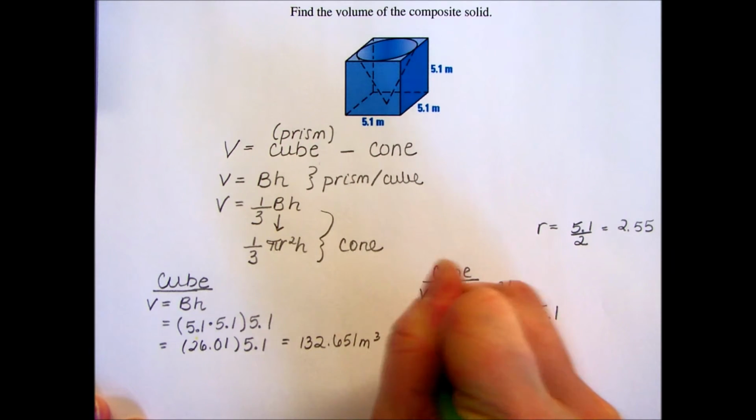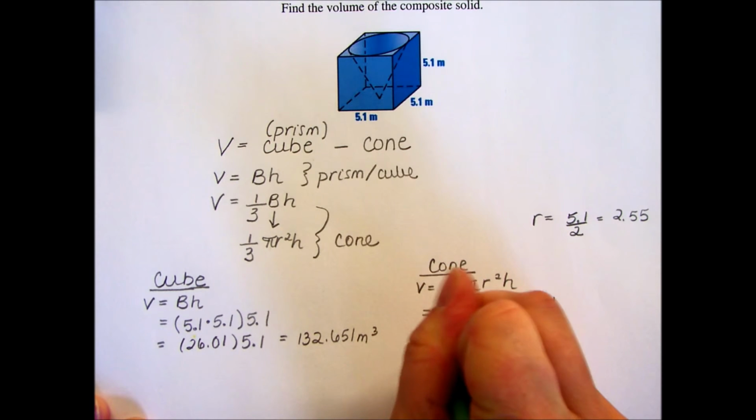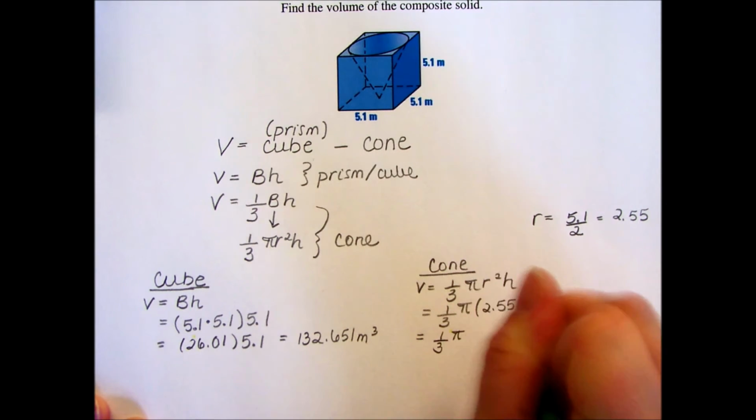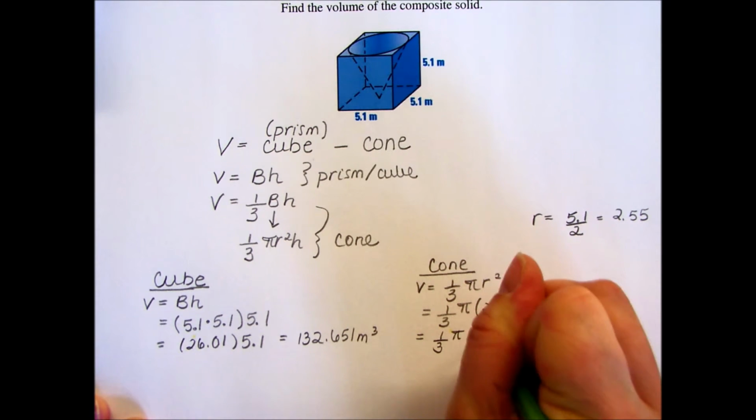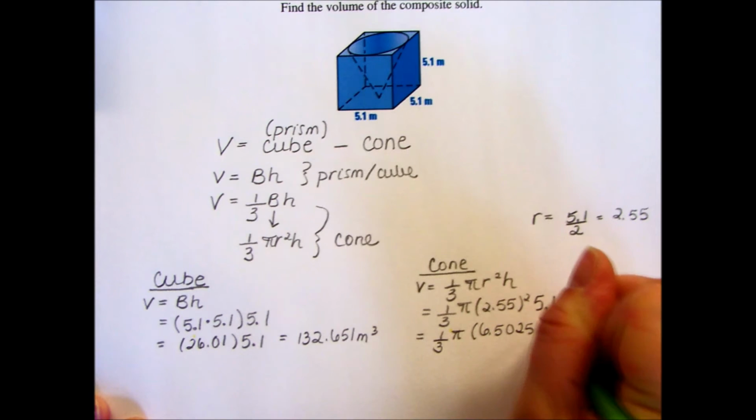So now you just need to evaluate. You're going to rewrite 1/3 pi. You're going to plug 2.55 squared into your calculator to get 6.5025. And eventually we'll multiply that again by 5.1.